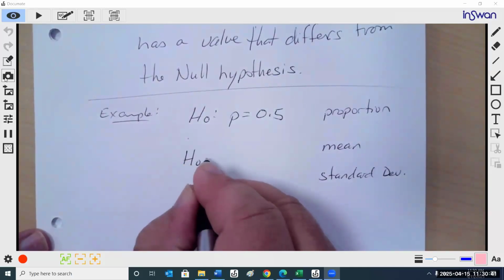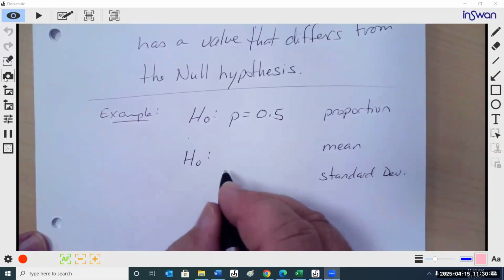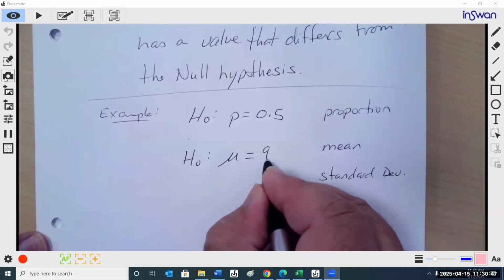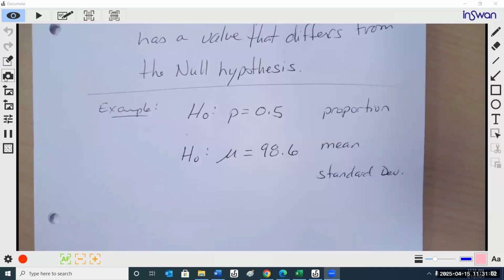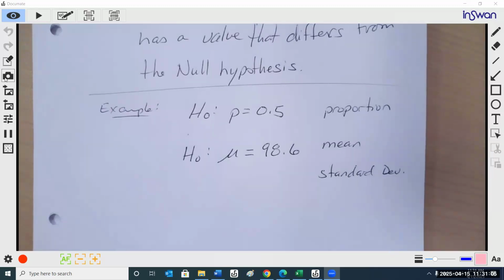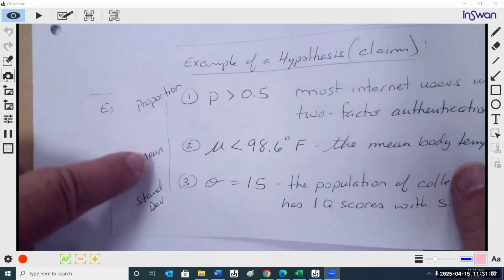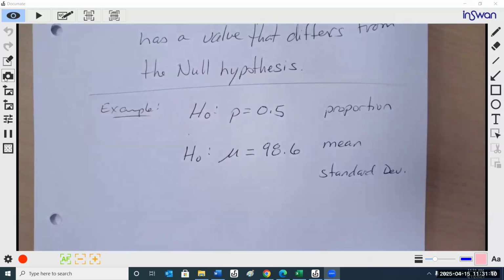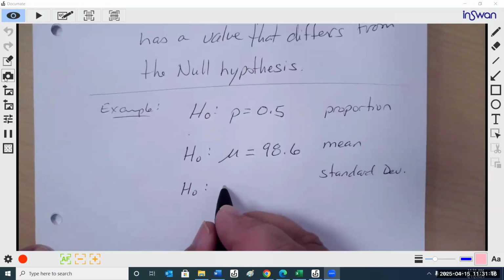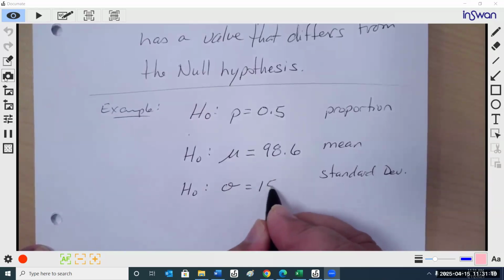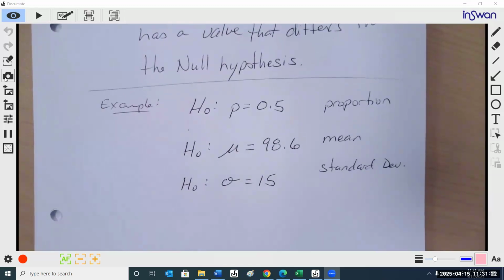So the null hypothesis, if it was the mean, would look like something like this. I'm referencing back to what we had earlier when we talked about these three possibilities: the proportion, the mean, and deviation. So I'm stating the null hypotheses. And the null hypothesis for the standard deviation would be 15. Those are examples.